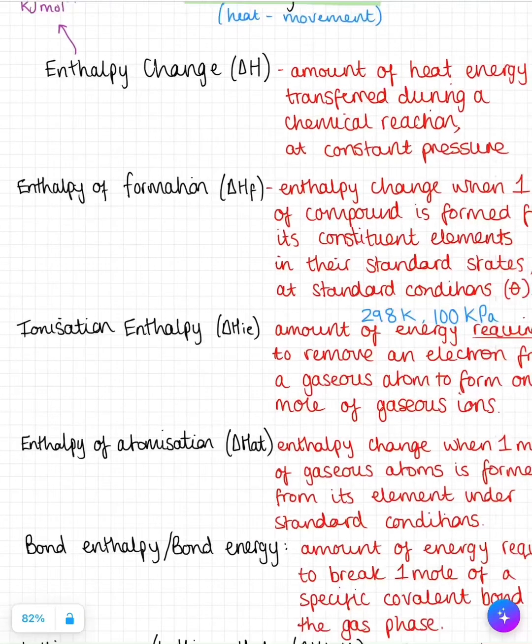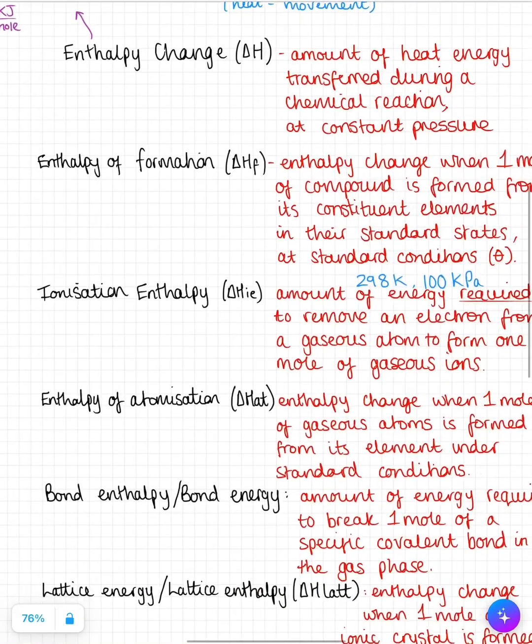The term enthalpy change is the amount of heat energy transferred during a chemical reaction at a constant pressure. An enthalpy change of reaction can either be positive or negative. This tells us whether energy has been given to the surroundings or taken in from the surroundings.